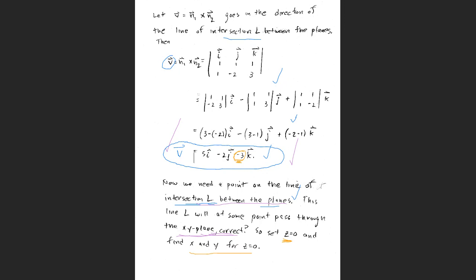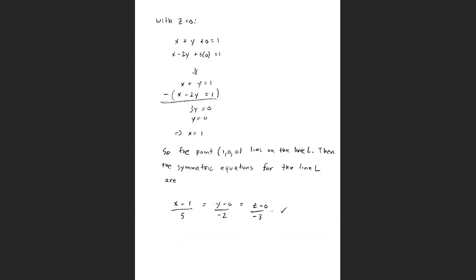So certainly z equals 0. And the line is the intersection of the two planes, so any point on that line of intersection has to satisfy the equations of both of the planes.